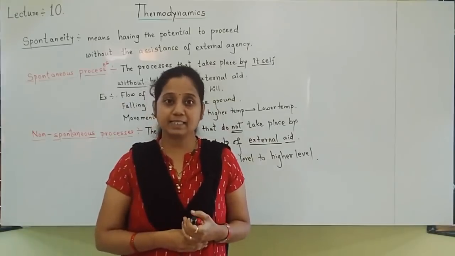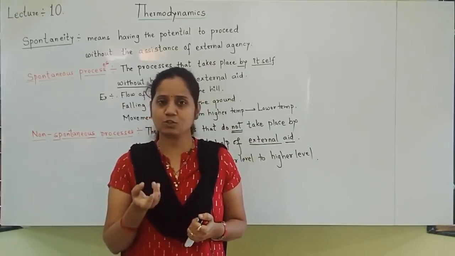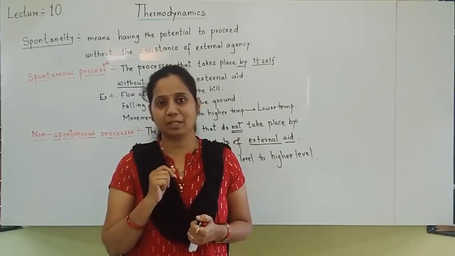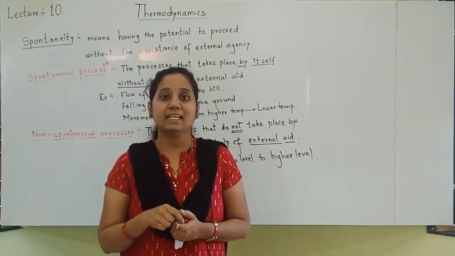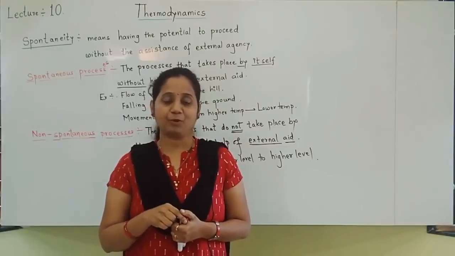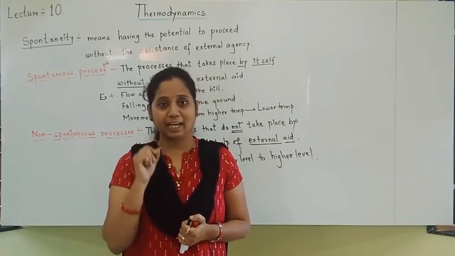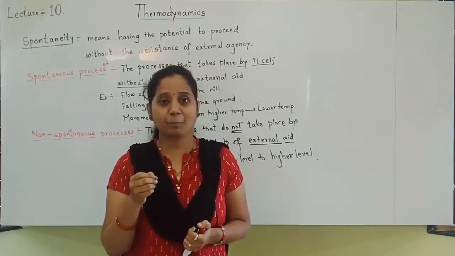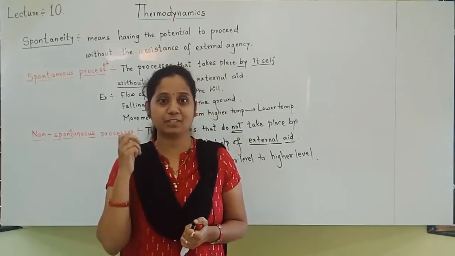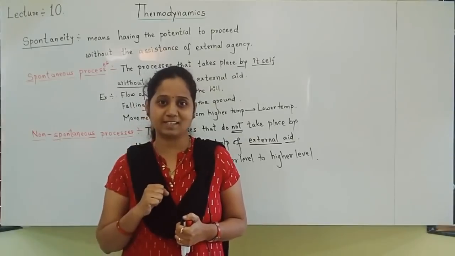So let us go towards the next topic of thermodynamics, that is, the next term of thermodynamics, entropy. What is entropy, students? Entropy means disorderness. Entropy is a measure of disorderness. How much disorderness is there?